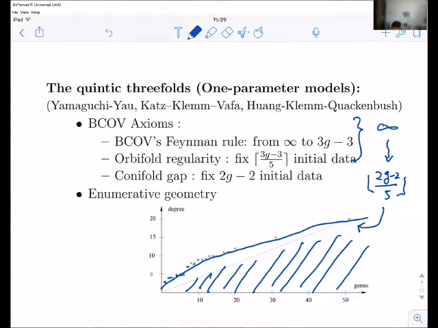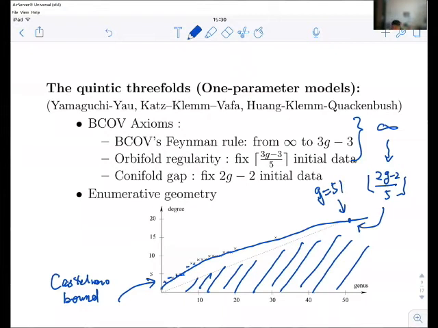But then, in the Castelnuovo bound, this curve is for the Castelnuovo bound, this Castelnuovo bound intersects with this 2g-3 line at this point. This point is exactly g equals 51.